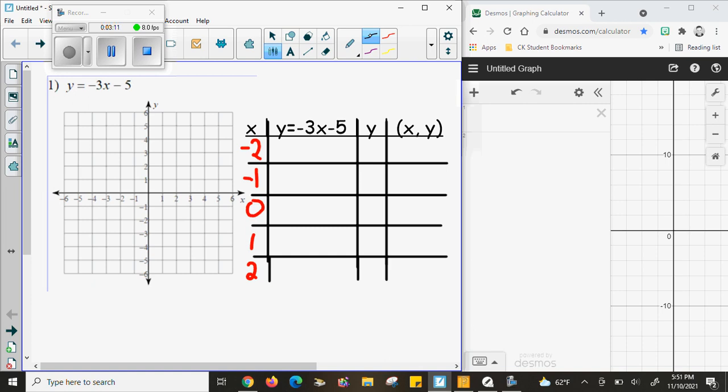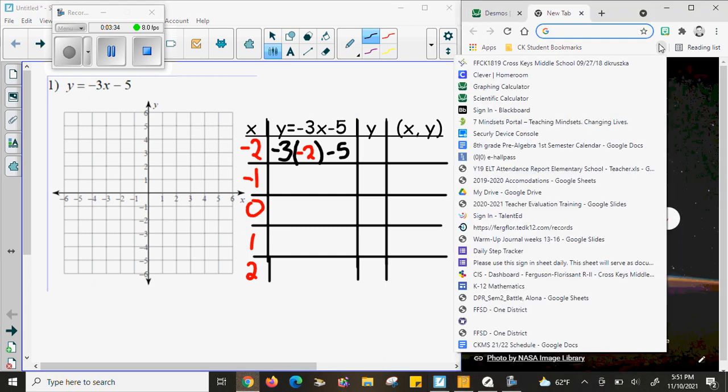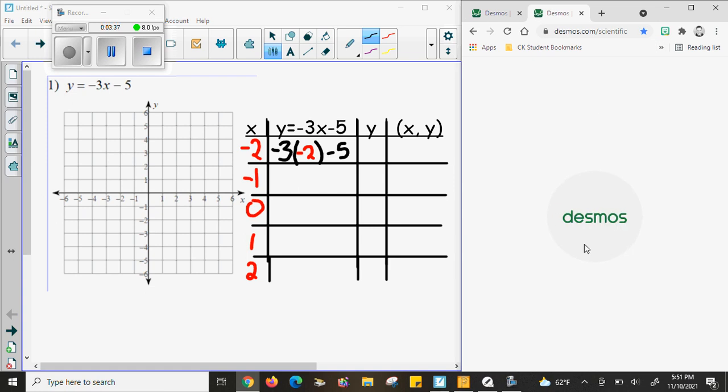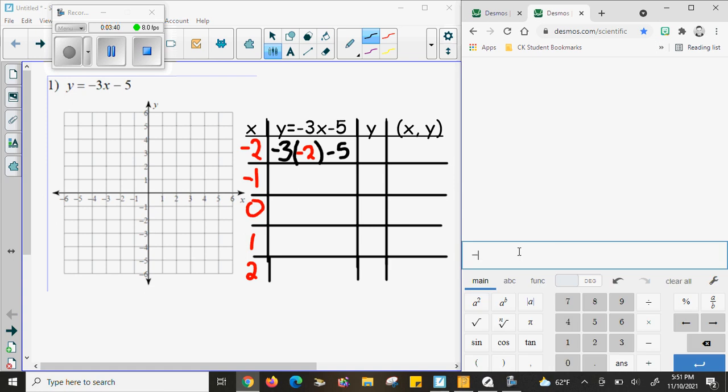So starting with -2, the equation says -3 times x, but x is -2, and then -5. Now, if we use the Desmos scientific calculator, we can easily find an answer to that. -3 times -2 minus 5. And what we find is that the answer is 1.